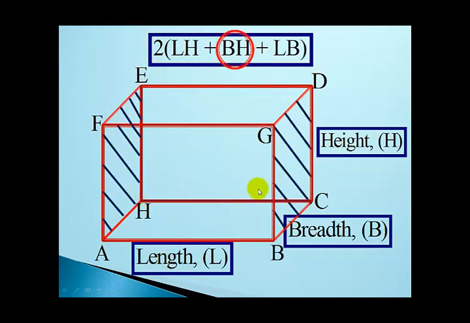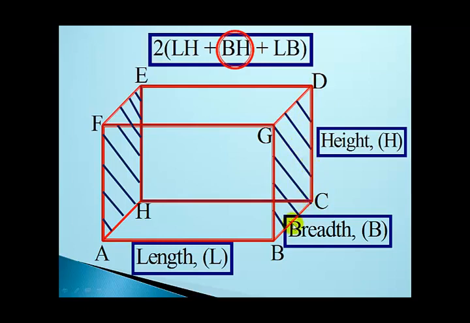Now, considering the blue shaded region, we can also see that A, H, E, F and B, C, D, G are all the same. So we can calculate the area of one region and multiply the answer also by 2.